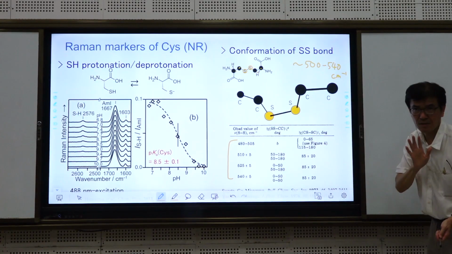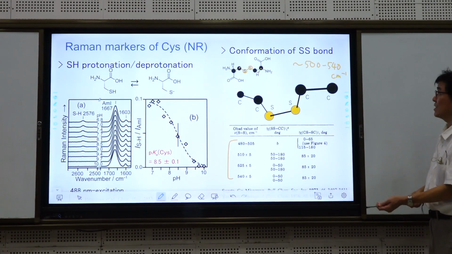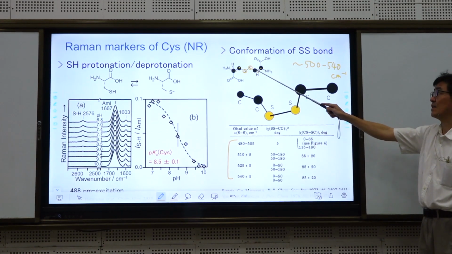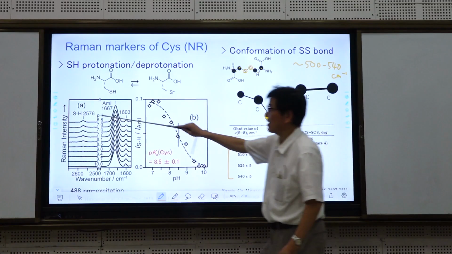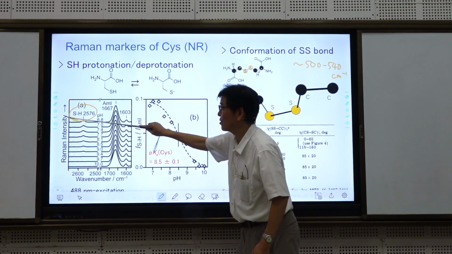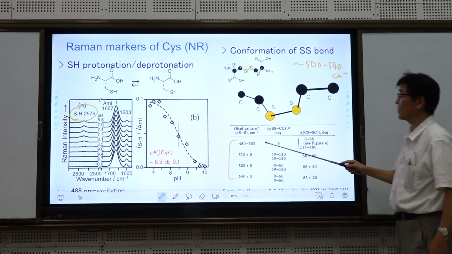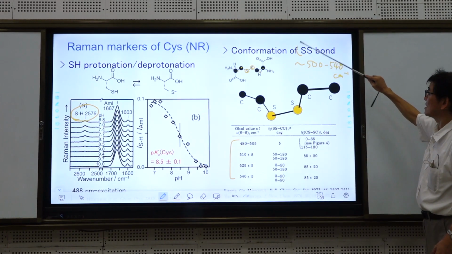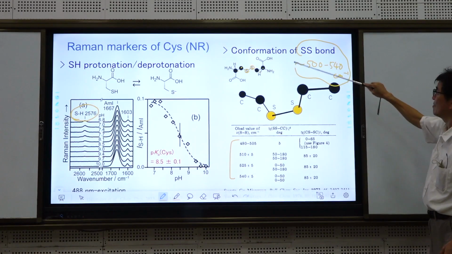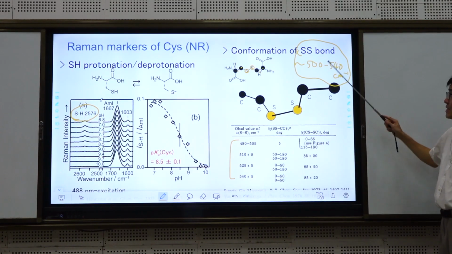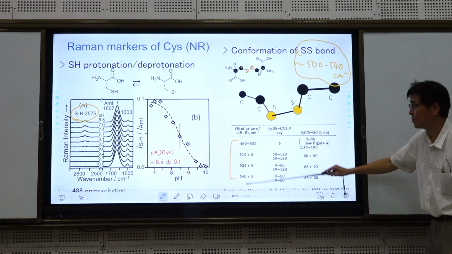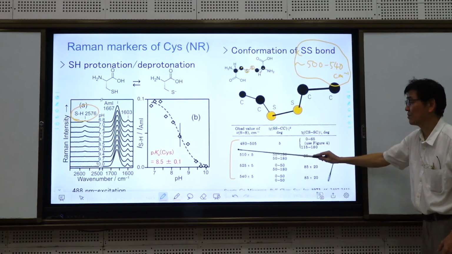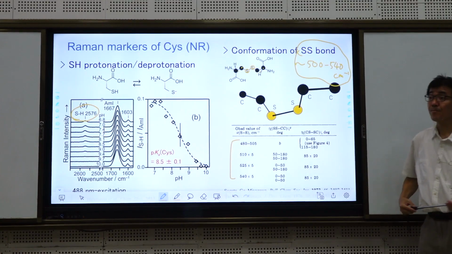So in the case of protein structure analysis, if you are interested in the status of the cysteine side chain, one checkpoint is the SH band, SH stretching. Another checkpoint is the SS stretching band. And by taking the peak position of the SS bond, you will see what the conformation of the SS bond is.